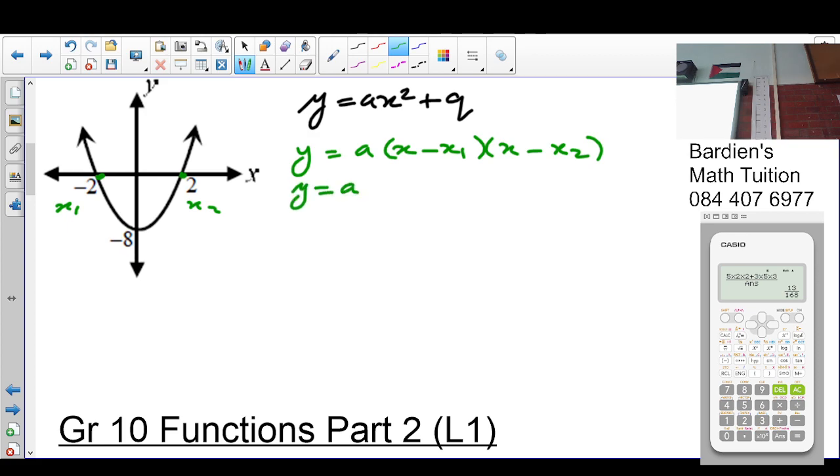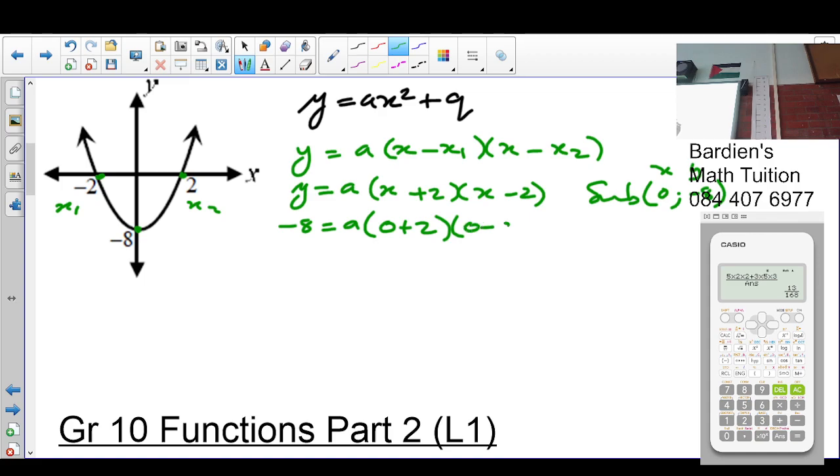So you get y is equal to a into (x plus 2)(x minus 2). What still needs to be solved here? A. So we'll substitute the point lying on this graph, which is 0 and minus 8. So negative 8 is equal to a into (0 plus 2)(0 minus 2), so it will be a into 2 into negative 2, negative 8.